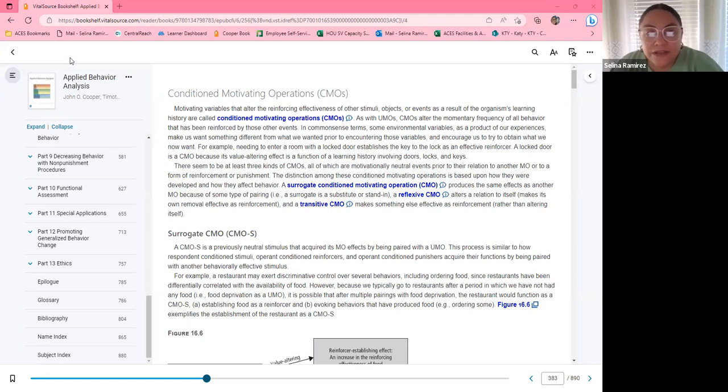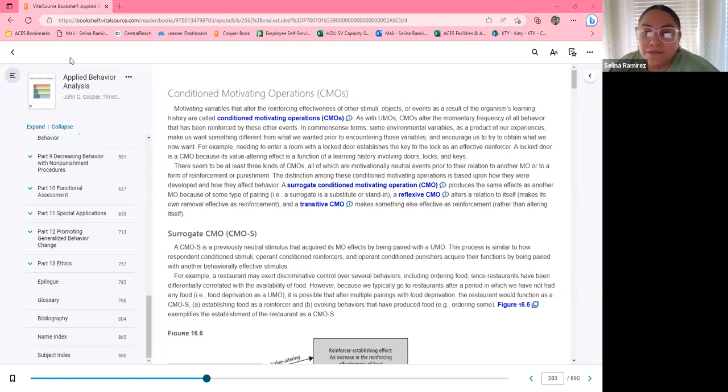And so that is where those come from. So motivating variables that alter the reinforcing effectiveness of other stimuli, objects, or events as a result of the organism's learning history are called conditioned motivating operations. As with UMOs, CMOs alter the momentary frequency of all behavior that has been reinforced by those other events.